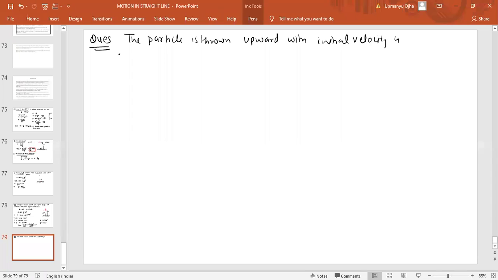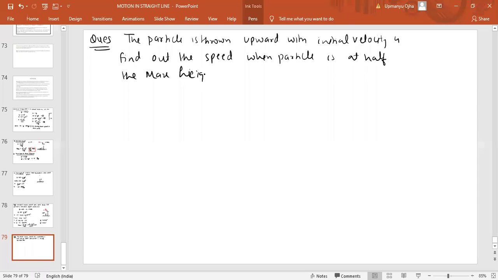Find out the speed when the particle is at half the maximum height.